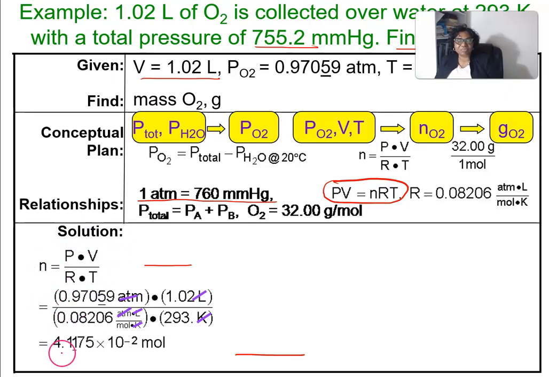Our n is 4.1175. Please, three significant figures. Track your significant figures. 4.1175 times 10 to the minus 2 moles.